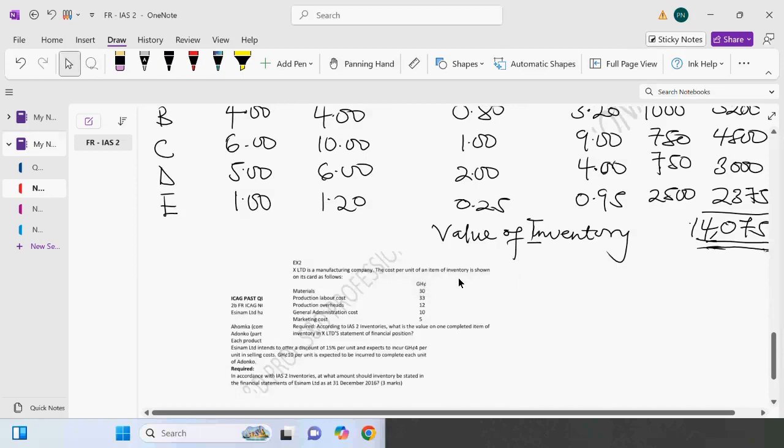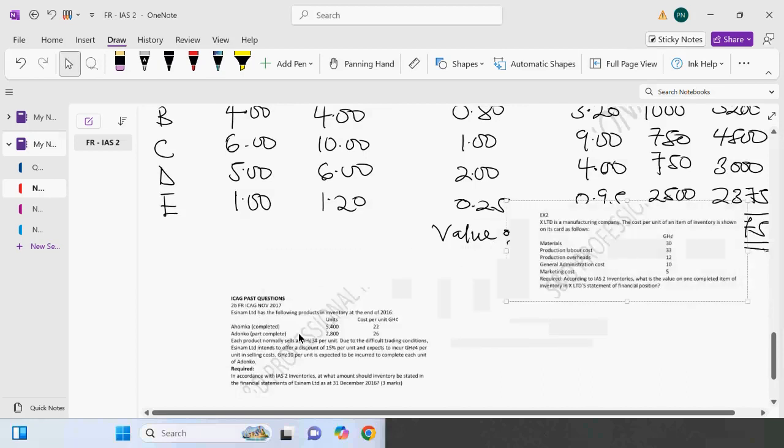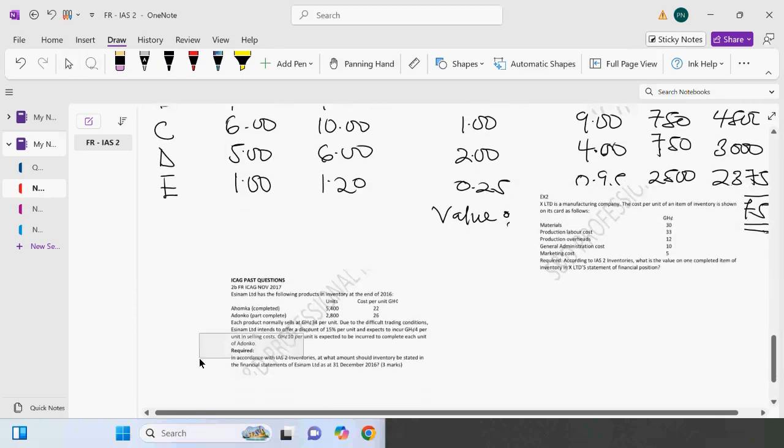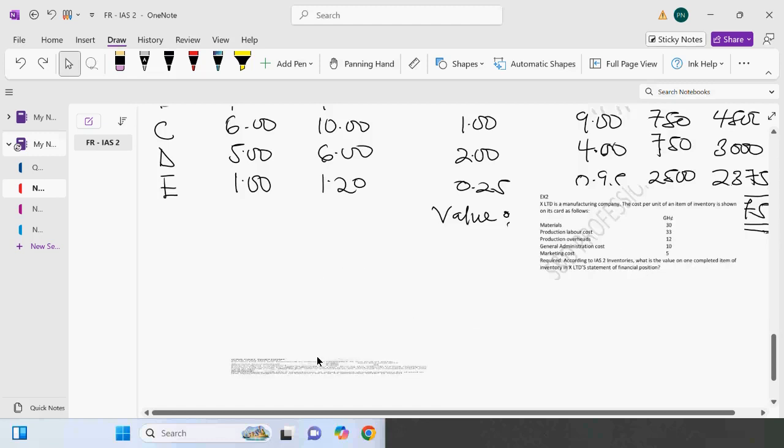Example 2. X Limited is a manufacturing company. The cost per unit of an item of inventory is shown on its card as follows. Materials, 30 Ghana. Production labor cost, 33 Ghana. Production overhead, 12 Ghana.